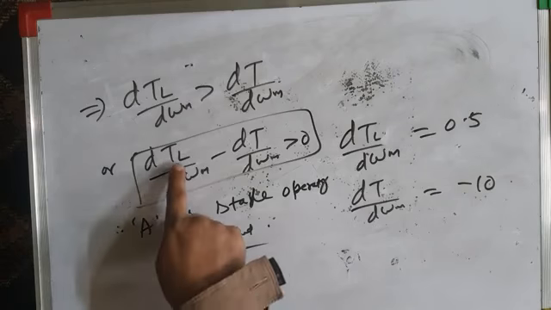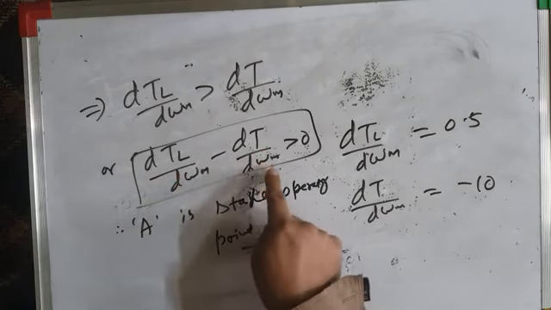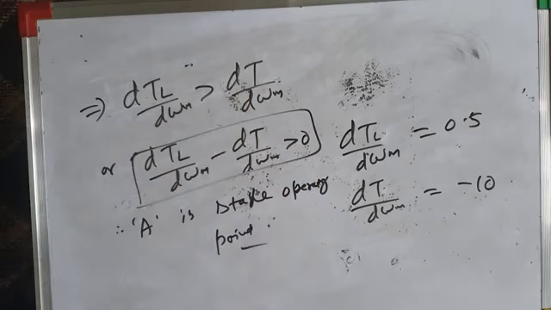If the slope of load torque is greater than slope of motor torque in general, then you can say dTL by d omega m minus dT by d omega m is greater than 0, or dTL by d omega m is greater than dT by d omega m, and hence the drive is stable drive. The operating point is stable operating point. Otherwise, it is unstable operating point.